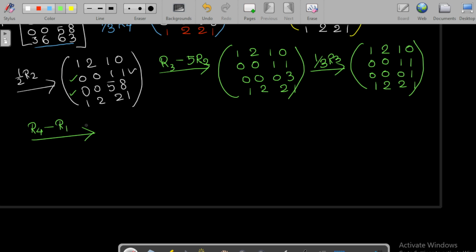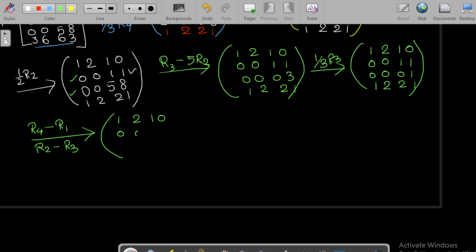The first row remains unchanged, so I am copying it. For the second row I can give another row operation, subtracting the third row from the second row, so the second row also changes.